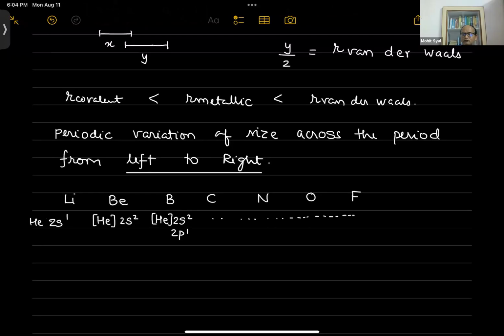So what should we say? Left to right across a period, are the electrons getting added to a new shell or the same shell? How are the electrons getting added? In the same shell or in a new shell? Tell me.